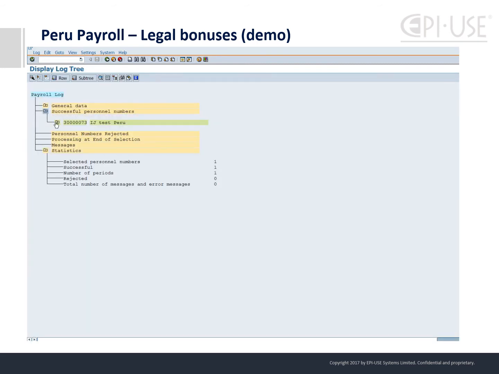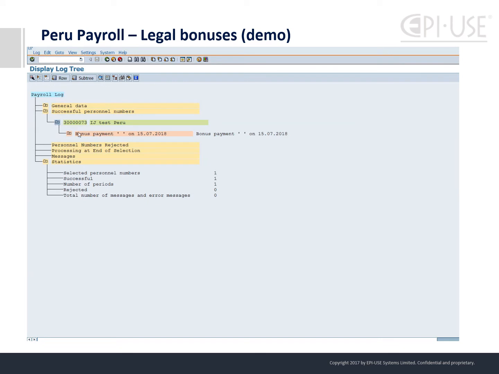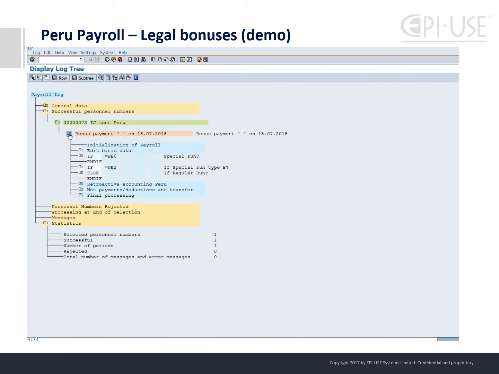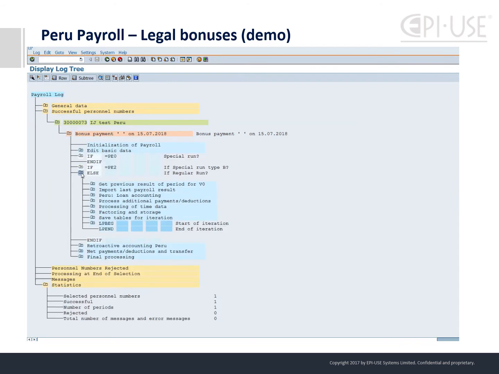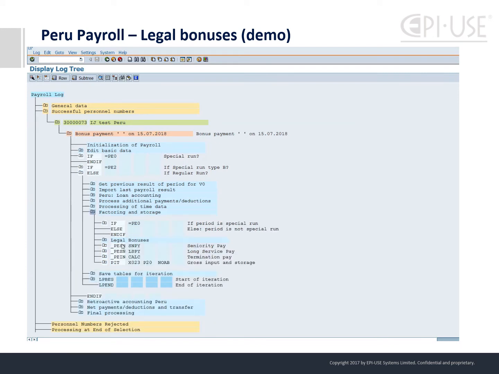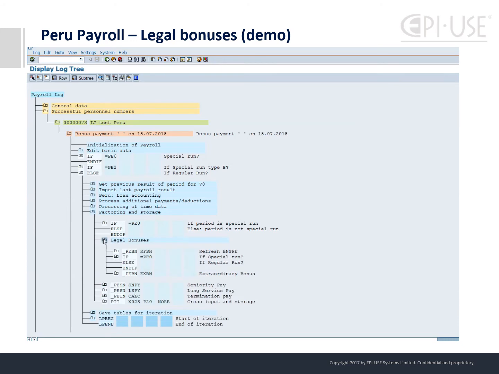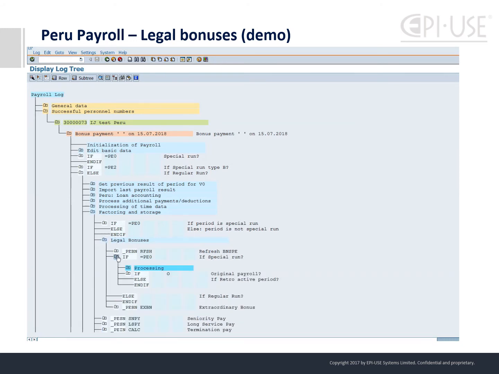and I open the log, I can see that this is a bonus payment, and if I find the specific place where the bonuses are handled in the schema, legal bonuses, you can see in this case it is a special run. So in here, in its original period, there's this option of off-cycle legal bonuses.